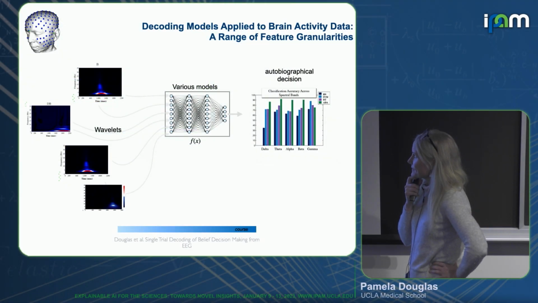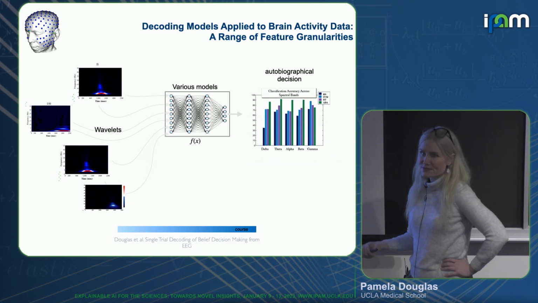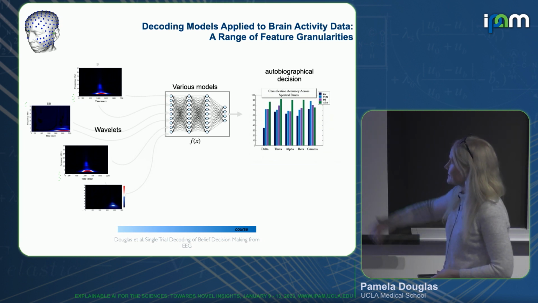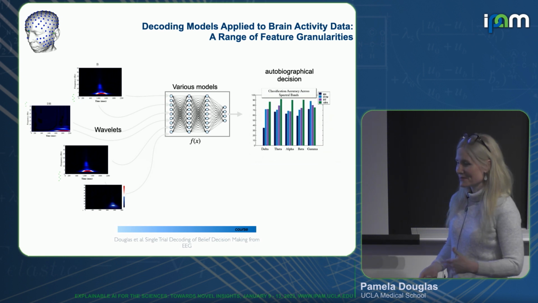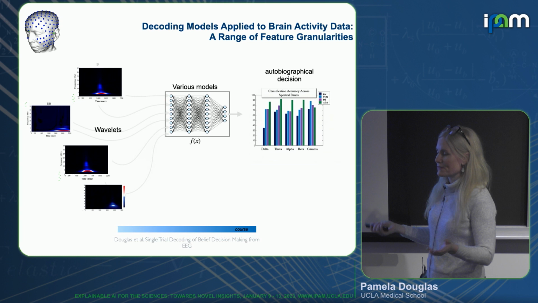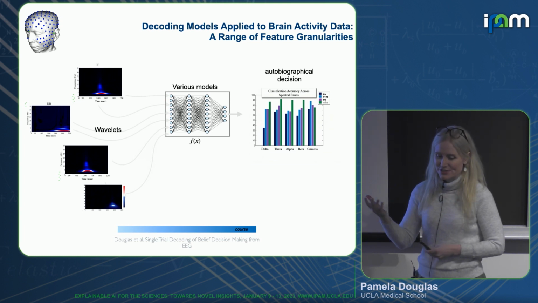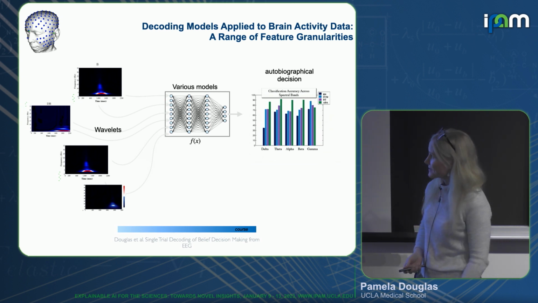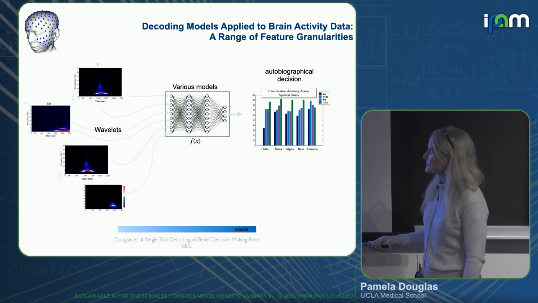In this specific example, we used wavelets, and we, of course, tested out multiple models, so we didn't fall into this single model fallacy, and we're able to predict autobiographical decisions. So if you're presented with, I have brown eyes, you can make predictions as to whether the person will indicate yes, they do, or no, they do not, using wavelets derived from EEG data.